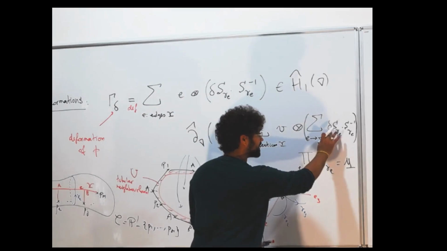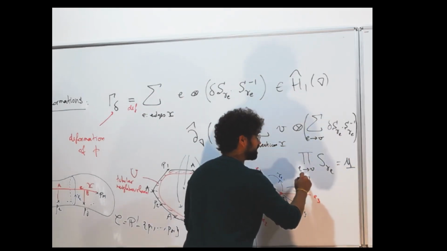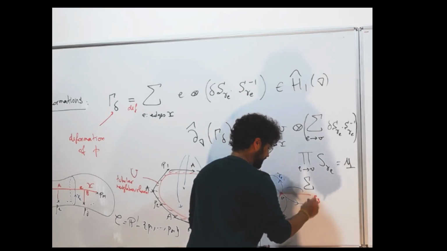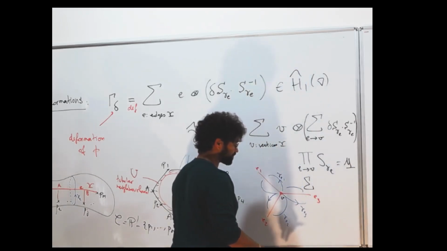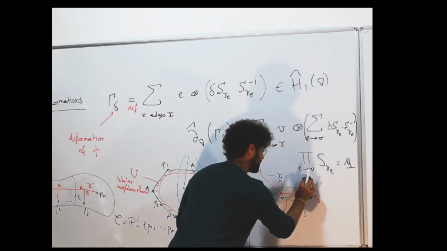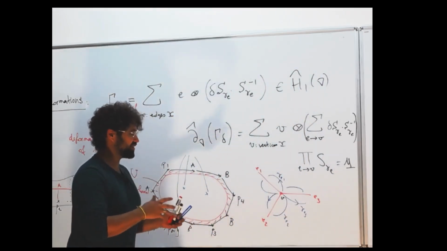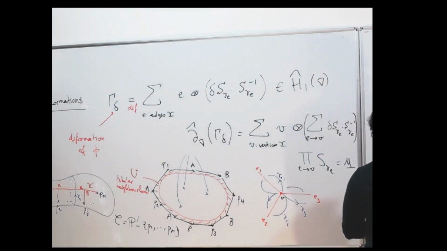And now you can calculate delta of this, which gives you that the sum of... This is not very convenient to write, but I hope what we're doing is kind of clear.